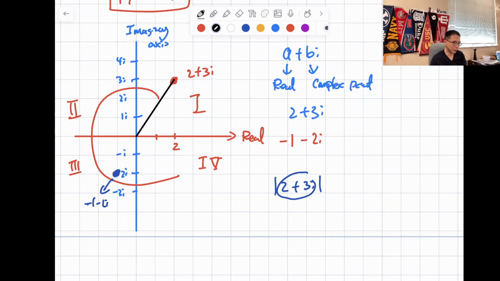But finding the distance is actually fairly easy. You just use the Pythagorean theorem. So this is 2 units, this is 3 units. So a squared plus b squared is equal to c squared. That means d is equal to the square root of a squared plus b squared. Sorry, this is c.